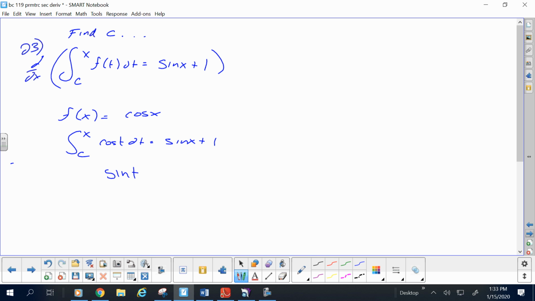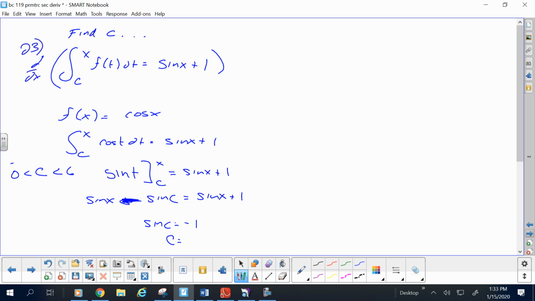Sine. From c to x is equal to sine of x plus 1. That means sine of x minus sine of c equals sine of x plus 1. What does that imply sine of c equals? -1, so c must be, they said c is between 0 and 6. So give me an angle where sine is -1 between 0 and 6.